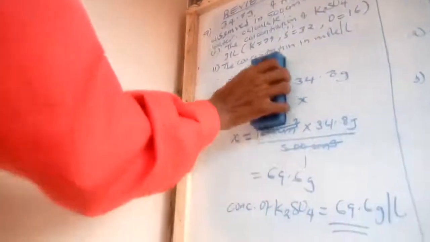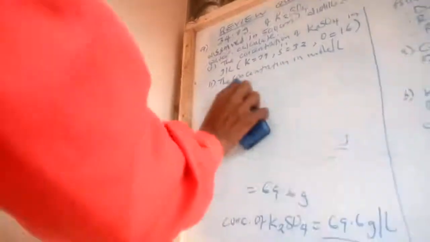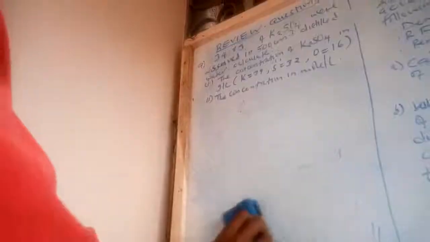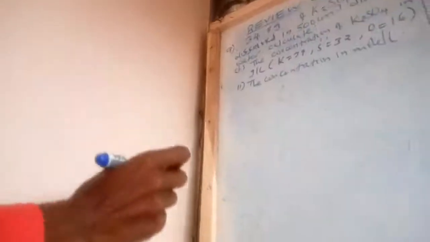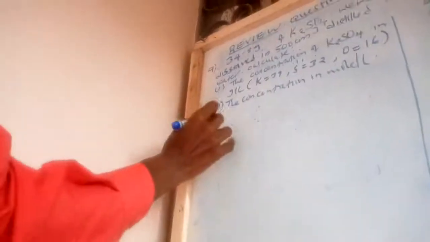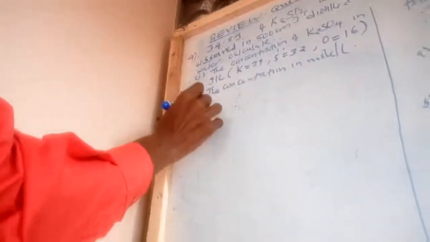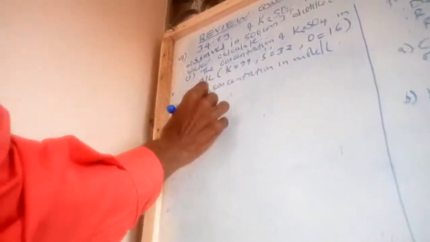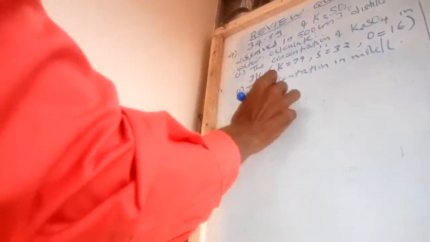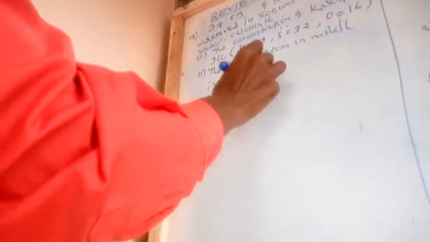When we come to the second question, you are expected to calculate the concentration of potassium sulfate. I'm going to rub this one so that I can guide you on how you are supposed to get the part 2 of the question. The answer of the first part of the question, we have found it as 69.6 grams per liter.